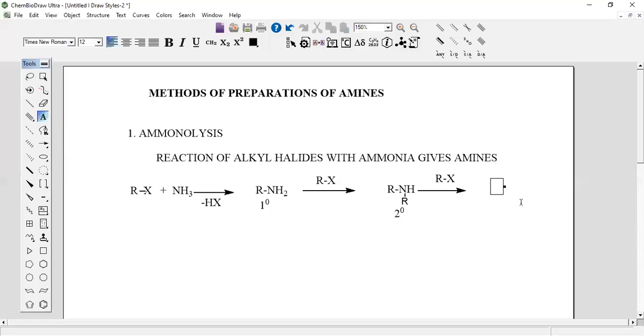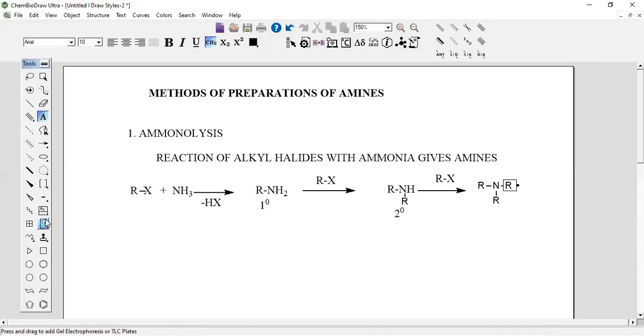Finally, the three hydrogens on the ammonia are replaced by alkyl groups. Therefore, you will get the tertiary amine.